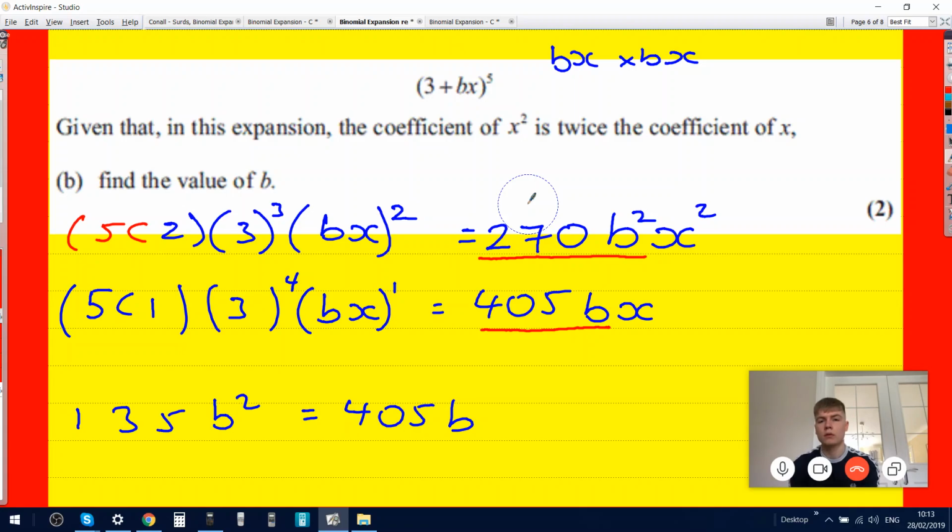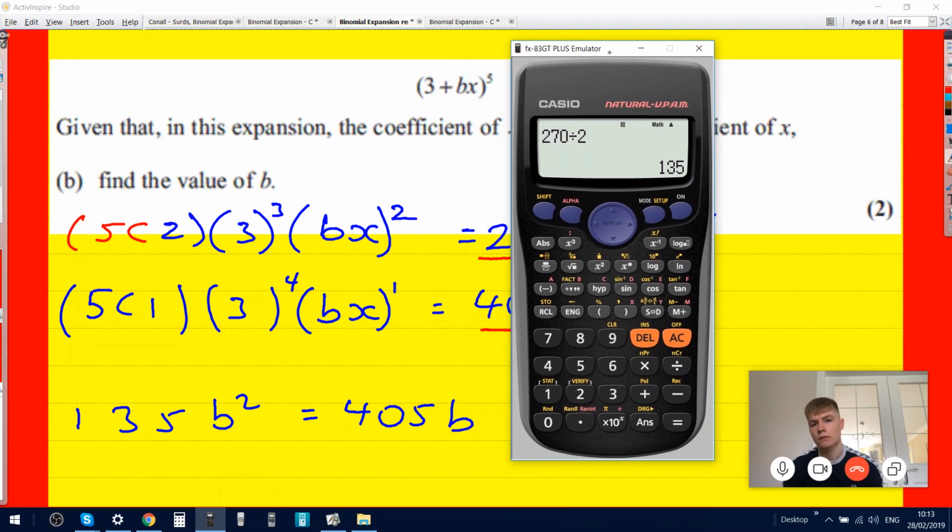And then what would you do? And then you're trying to solve for B. Would you get rid of the squared? How? Square root the other side. I think what I would try is to divide both sides by 135.